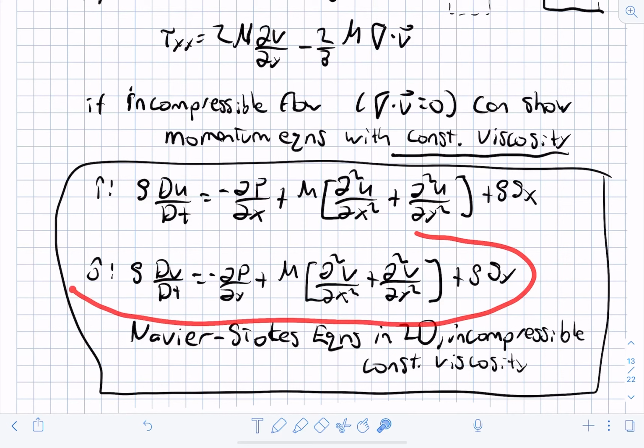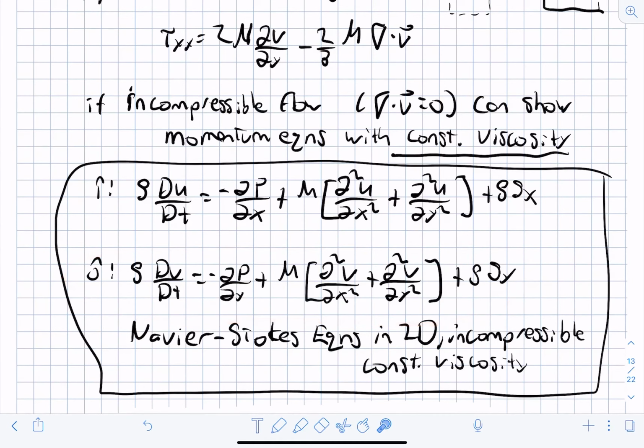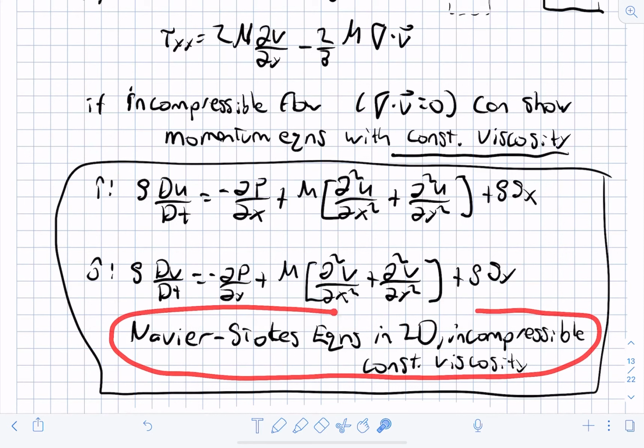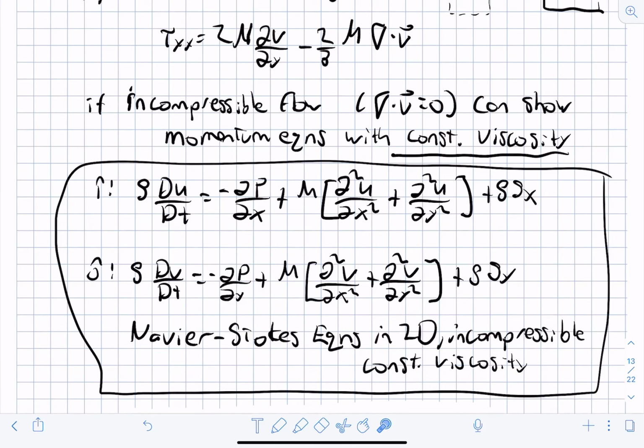That's in the x direction, and we have a y component that is very similar. And these are the Navier Stokes equations in 2 dimensions for an incompressible flow with constant viscosity.